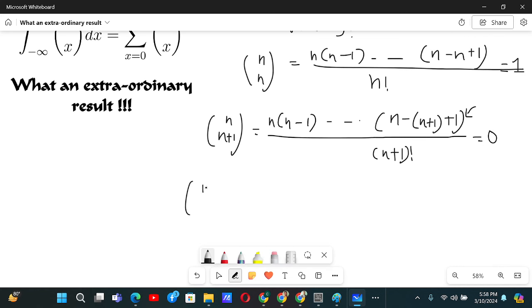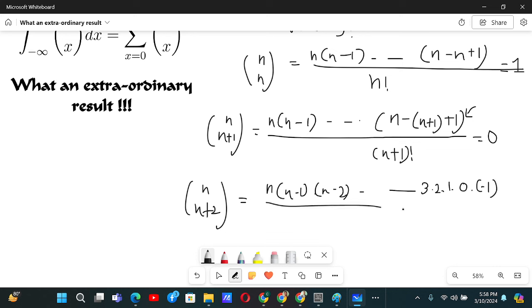Similarly, if you want to find n choose n plus 2, basically you will have all of these terms, n, n minus 1 and then n minus 2, and over here we will have 3, 2, 1, 0 as well as minus 1. But since there is a 0 in the product, we can say that this result is also equal to 0.